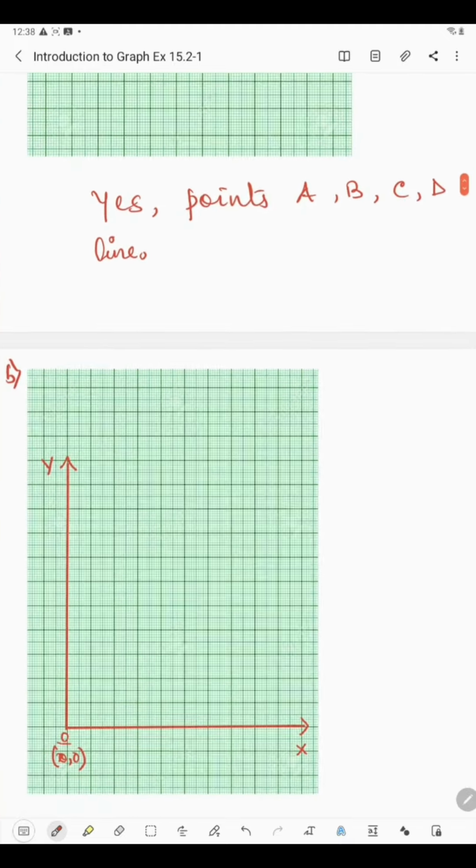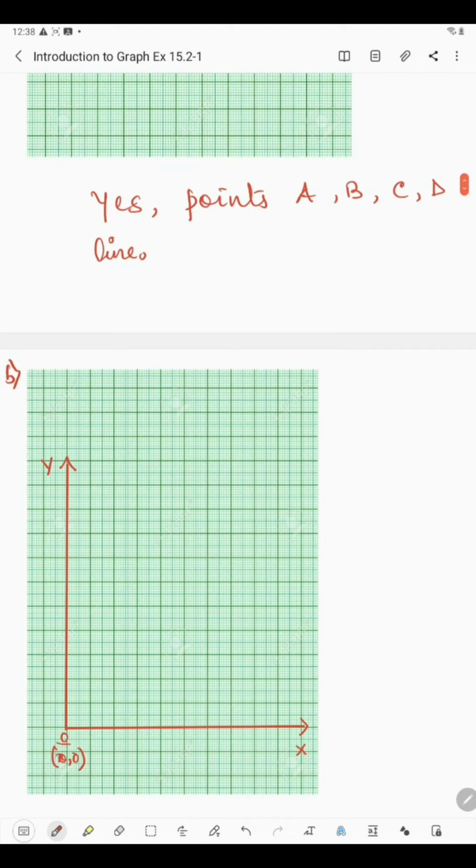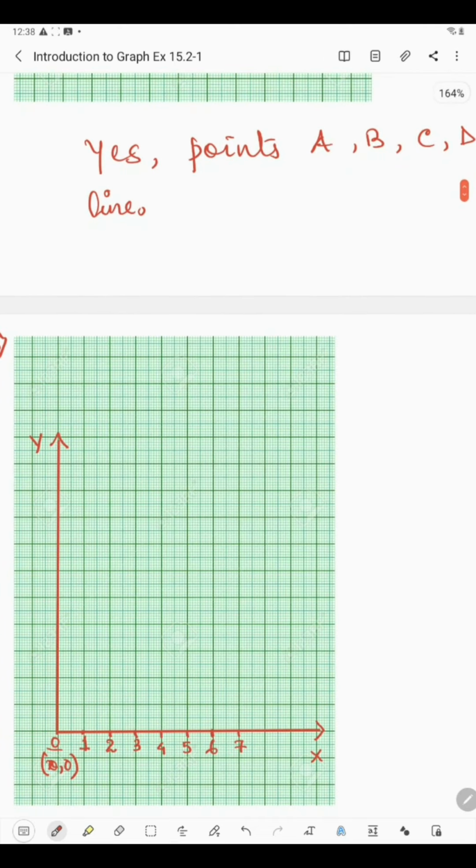Now we will have to take the scale again. So we'll take one box equal to 1 unit. We have taken 1, 1 in each box. So here 3, 4, 5, 6, 7. On the vertical axis, meaning the y-axis, we will also take the scale in a similar way.